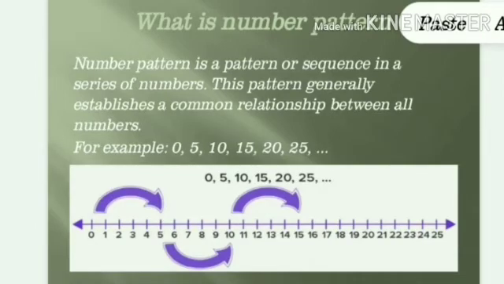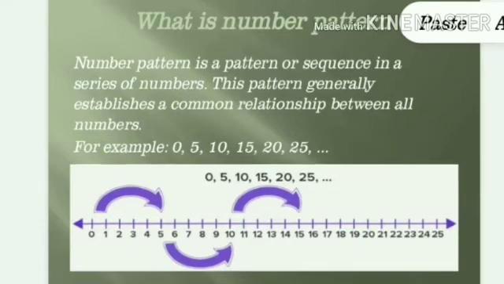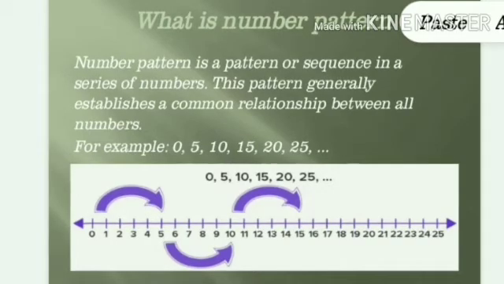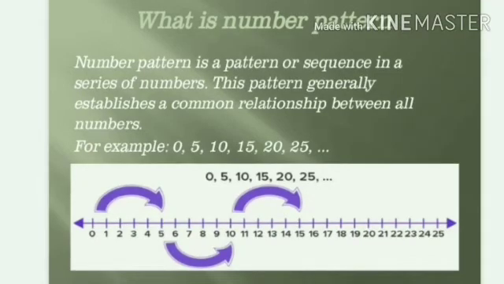To find the rule, we need to see the first few numbers in the series. Try to see the difference between consecutive numbers, numbers which come continuously. It will help us understand the relation between the numbers.